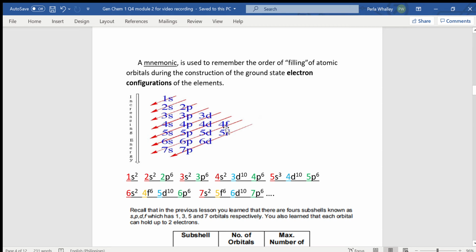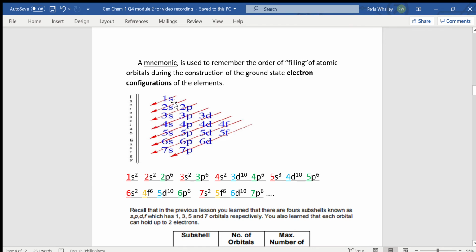Column number 4, you write 4 on the level of the fourth energy level, then 5, then write f. So that is the mnemonic. We can write the mnemonic in a straight line. We follow the tail to the head, and then tail to the head, tail to the head, tail to the head until we finish.